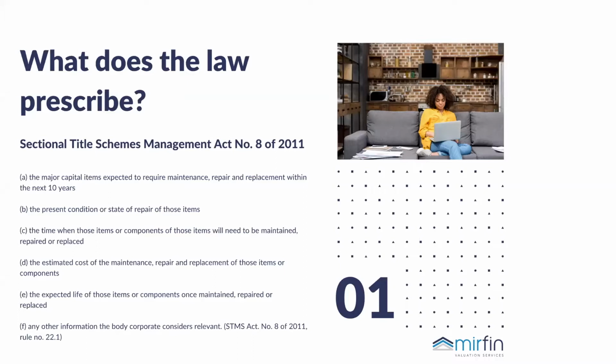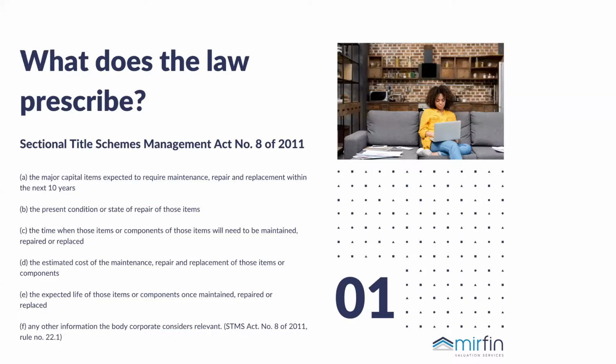A, the major capital items expected to require maintenance, repair, and replacement within the next 10 years. It must present the condition or state of repair of those items. Then the 10-year plan needs to list the components or the items that need to be maintained and repaired.